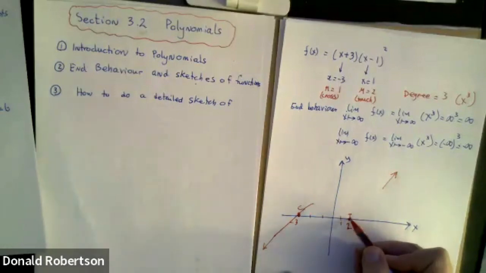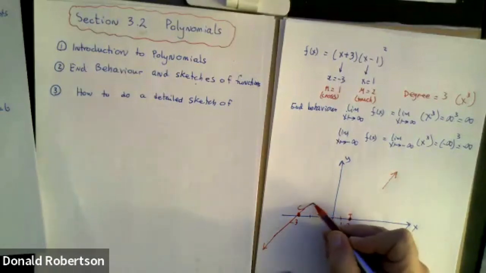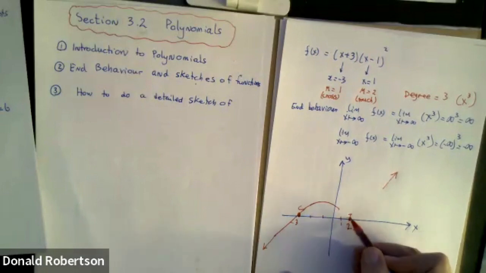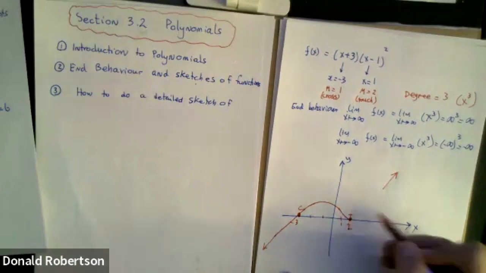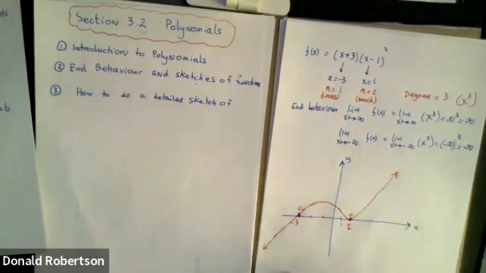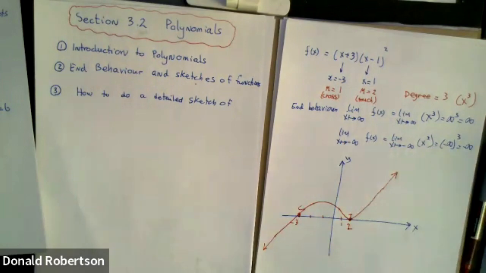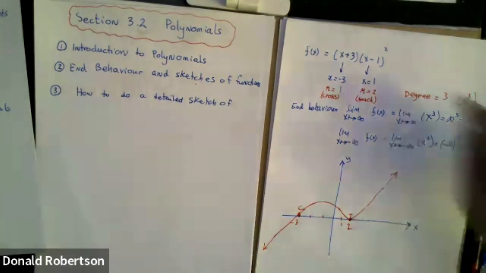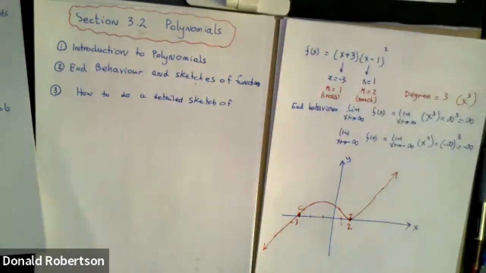Then you have to get to this x-intercept, so I'm going to have to curve. But it's a touch, which means I'm going to just bounce off and then go up. And there is my sketch, a very basic sketch, but at least it gives you an idea of what the thing looks like for this particular polynomial.